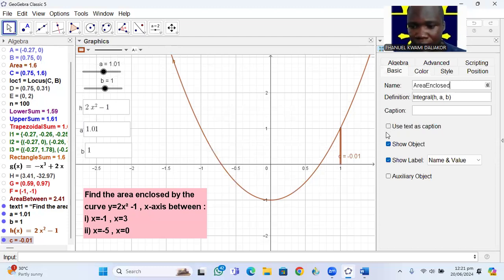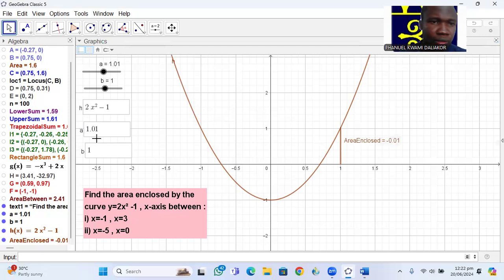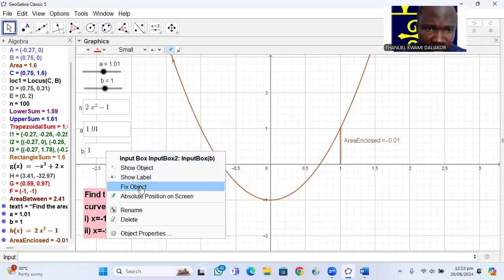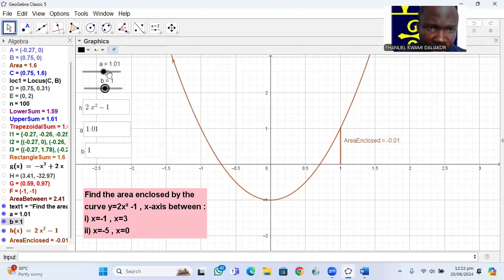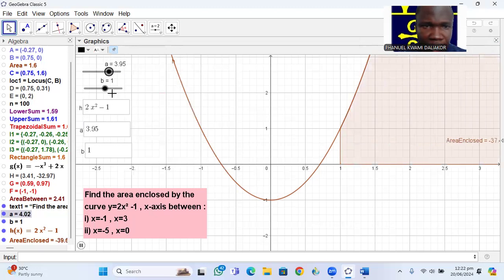So now let's try to solve the first one. Let's fix the object. Do that fast.